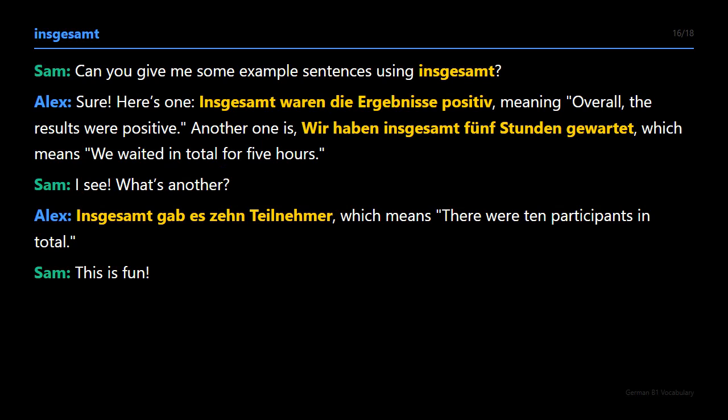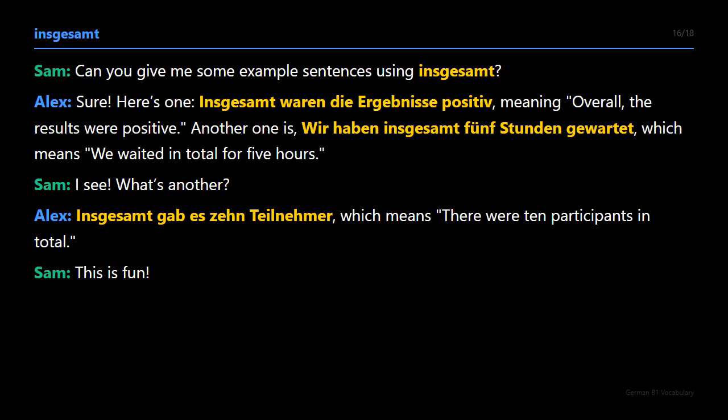Another one is, Wir haben insgesamt 5 Stunden gewartet, which means we waited in total for 5 hours. I see. What's another? Insgesamt gab es 10 Teilnehmer. Which means there were 10 participants in total.